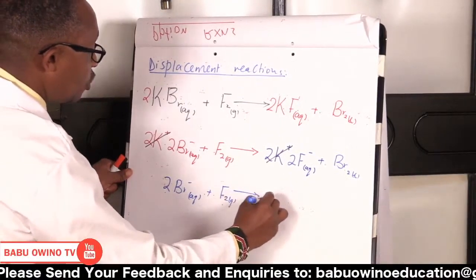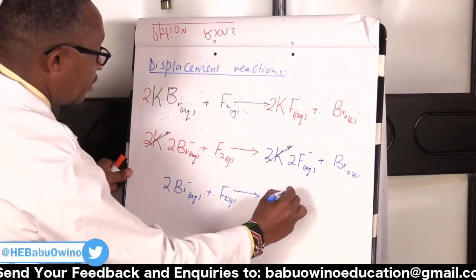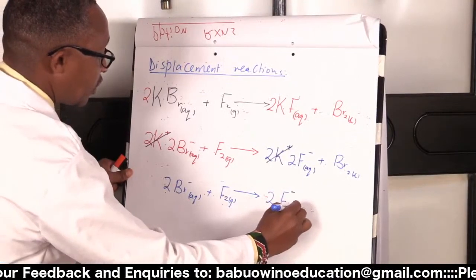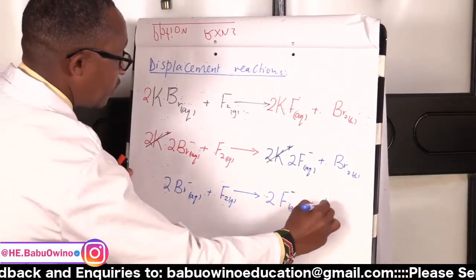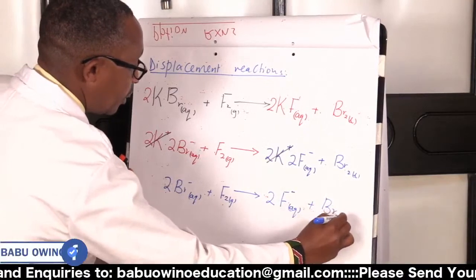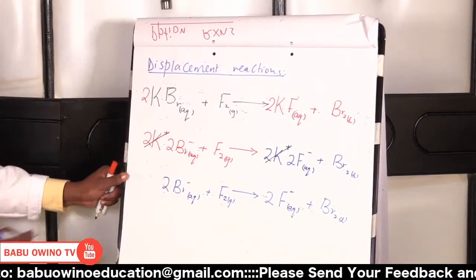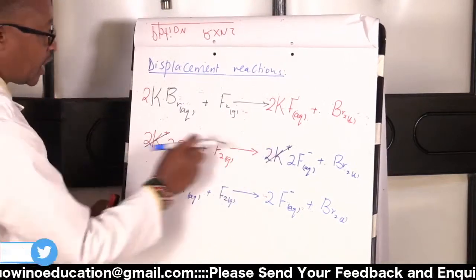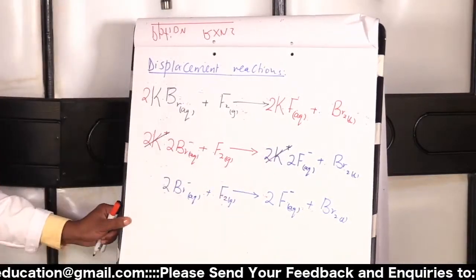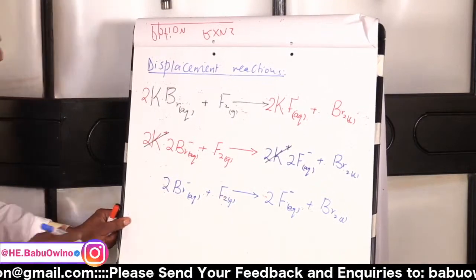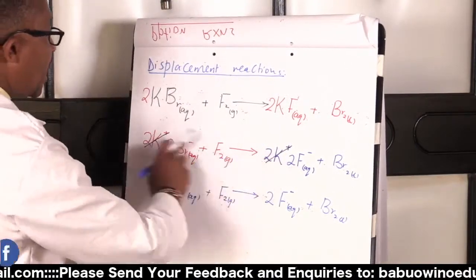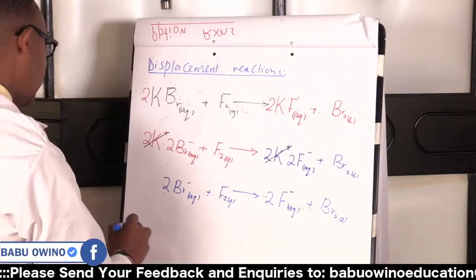This one you get 2 fluoride ions, which is aqueous, plus bromine liquid. And that is, in that case, the ionic form. These potassiums are the spectating ions. This one and this one have remained unaltered in that reaction.